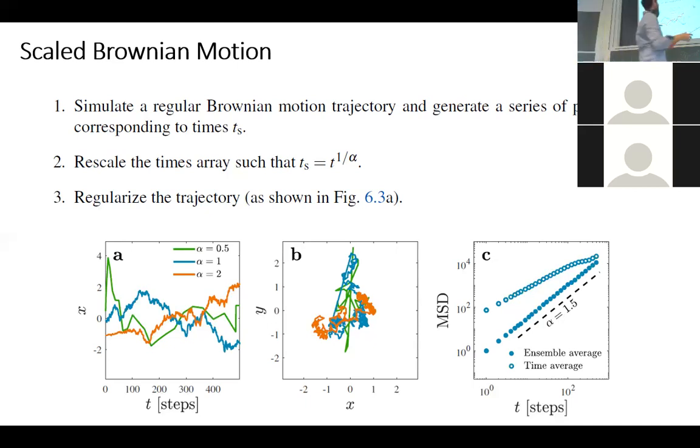After I make the simulation, I rescale my time to another time, t_s, that is t to the power of 1 divided by alpha. And immediately the mean square displacement will start scaling with t to the power alpha, because I took the whole time array and scaled it with the power of 1 divided by alpha.